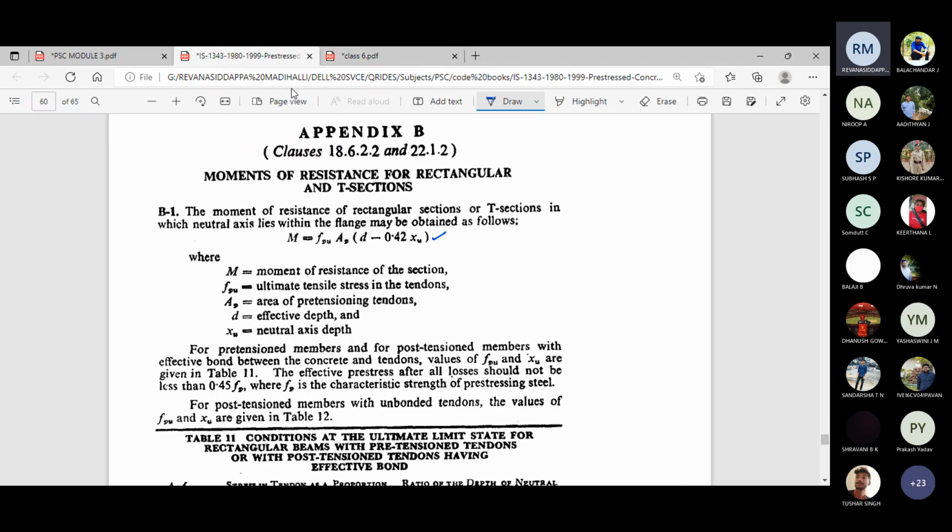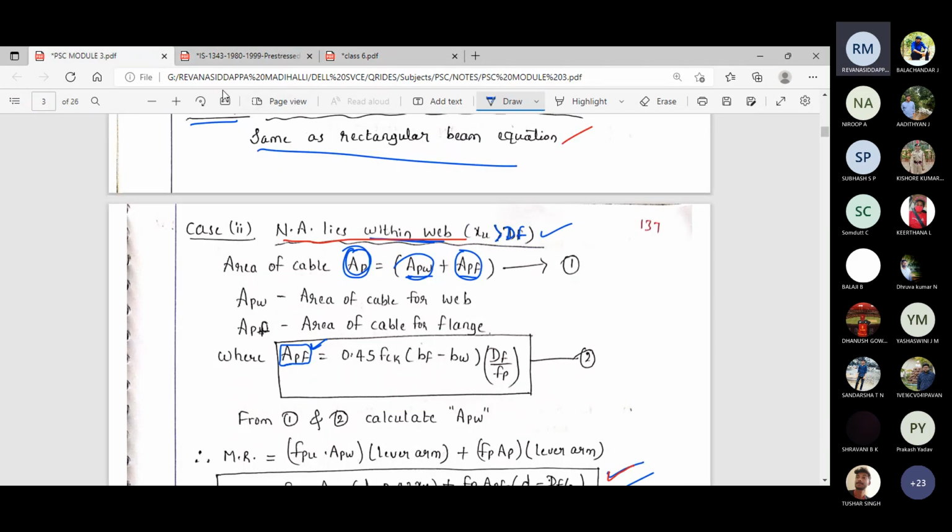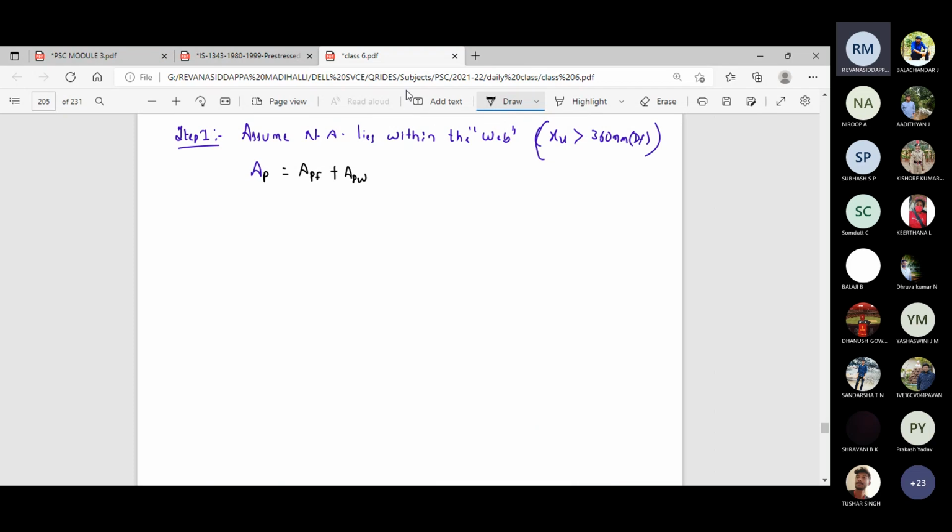The formula for APF is 0.45 FCK into BF minus BW into DF by FP.